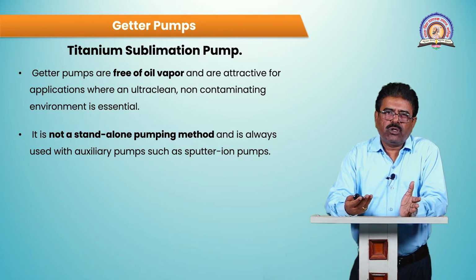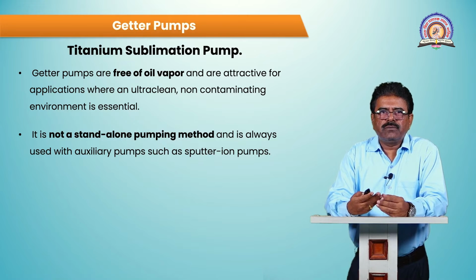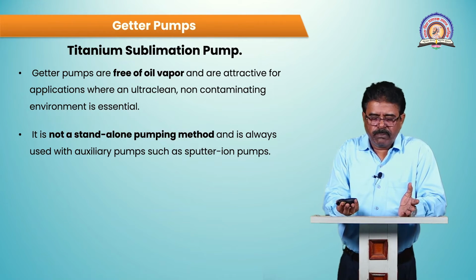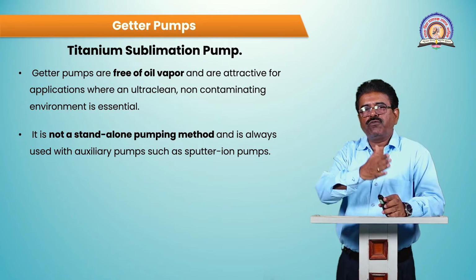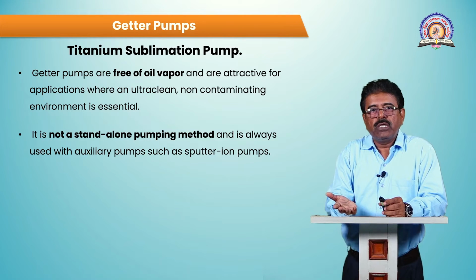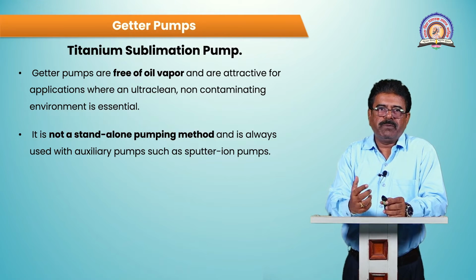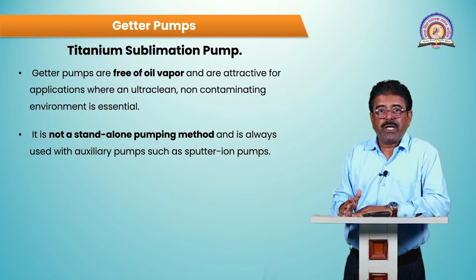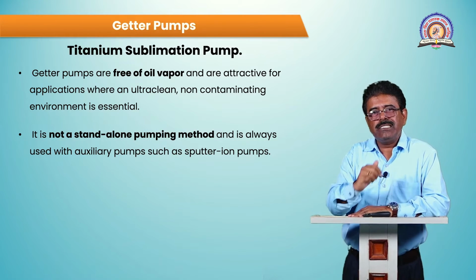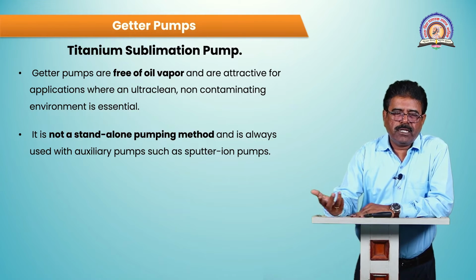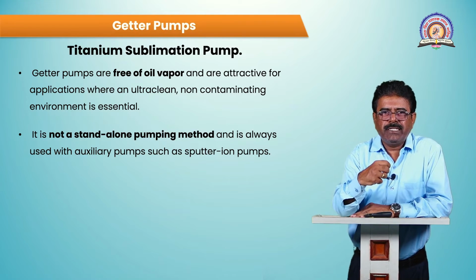One more drawback of this titanium sublimation pump is that it is not a standalone pumping method. You need to have some auxiliary pump, and mostly sputter ion pumps are used along with this titanium sublimation pump, because we have already seen that inactive gases like argon and neon cannot be efficiently pumped by it.